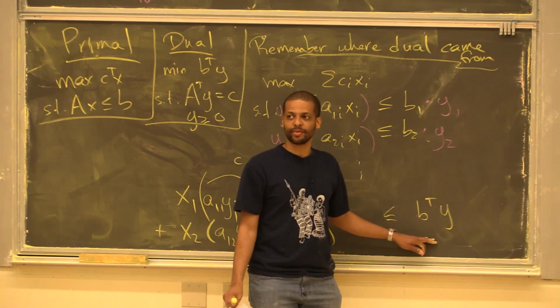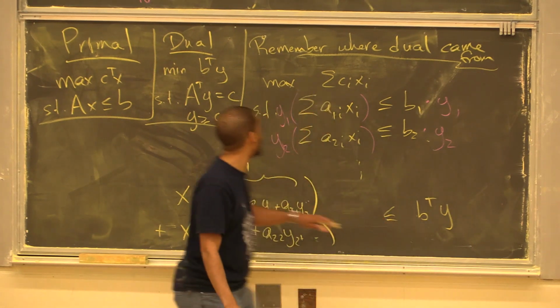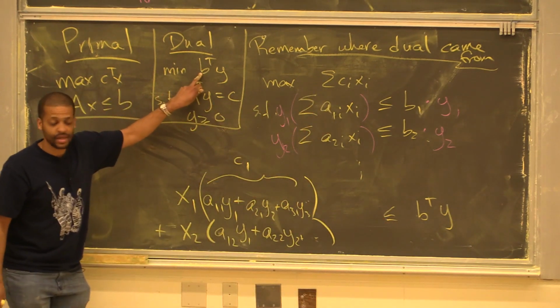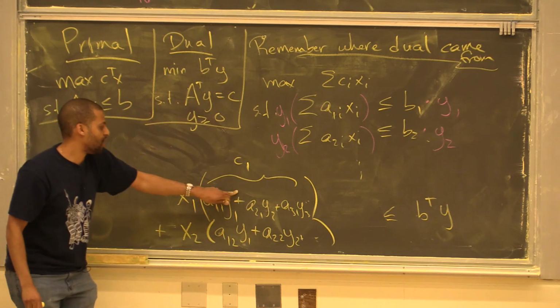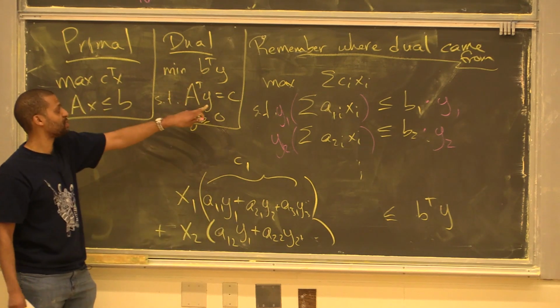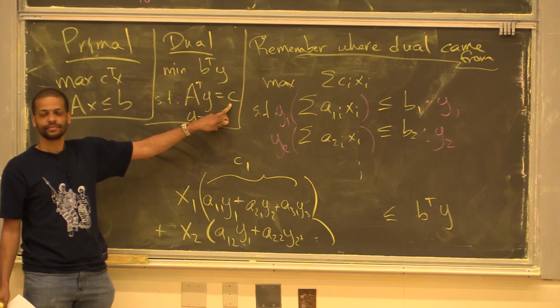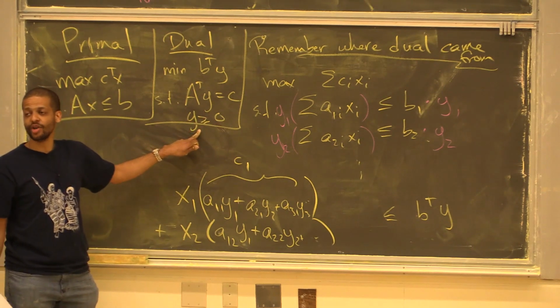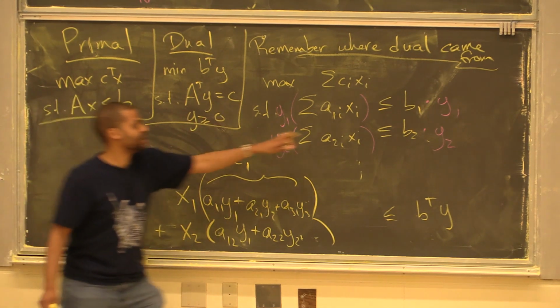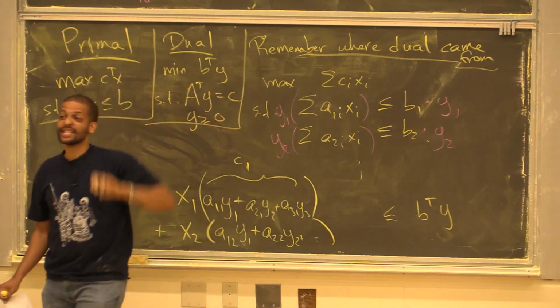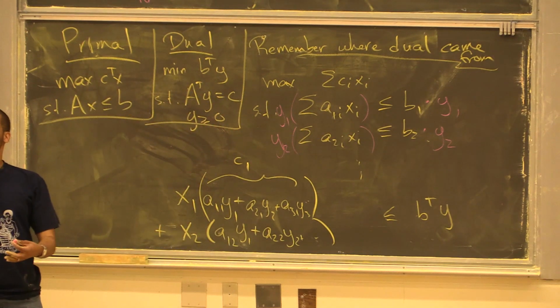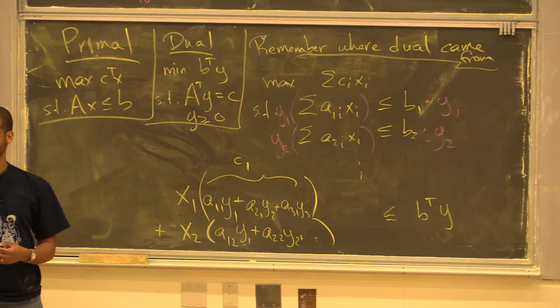So let's get the best upper bound we can have by minimizing the right-hand side. Let's minimize b transpose y, subject to the constraint that all these coefficients here have to equal the corresponding coefficients in c. And the y's have to have non-negative entries to make sure we don't flip the signs of the inequalities.